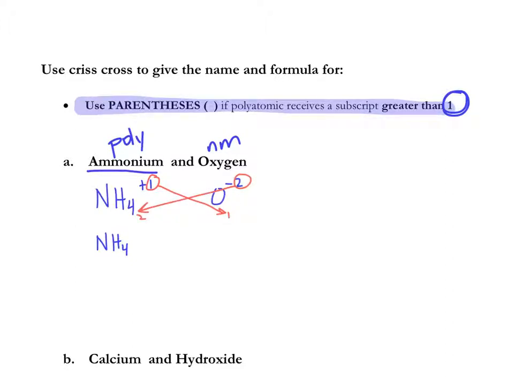Now, 2 times 4 is 8, but I don't multiply them in this case. When I'm writing my formula, I'm going to protect my polyatomic ion. I cannot change the subscripts. So what I need around my ion, because 2 is greater than 1, I need parentheses. So I'm going to put parentheses around NH4, and then I'm going to add the 2 outside the parentheses.